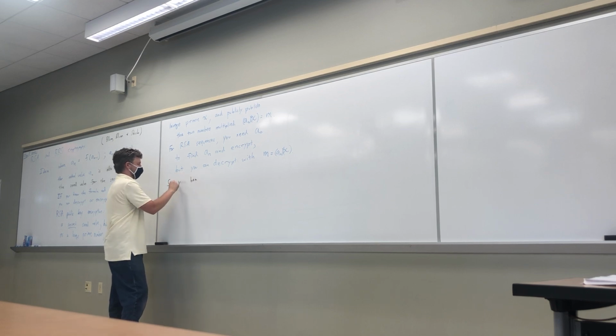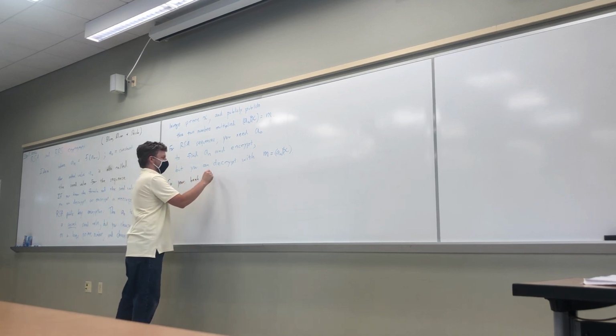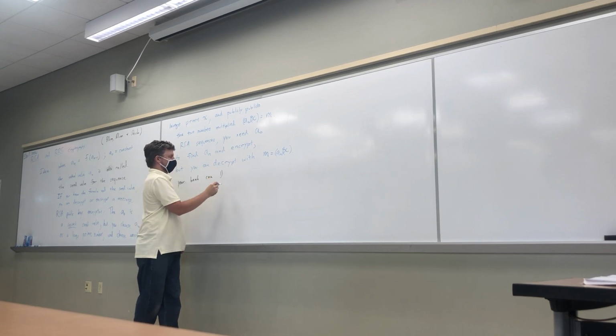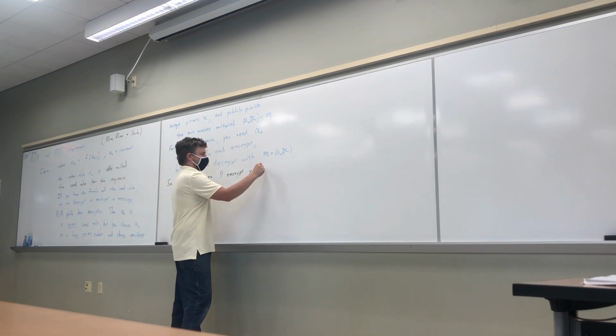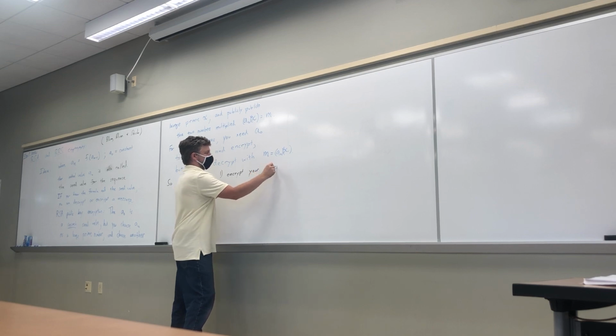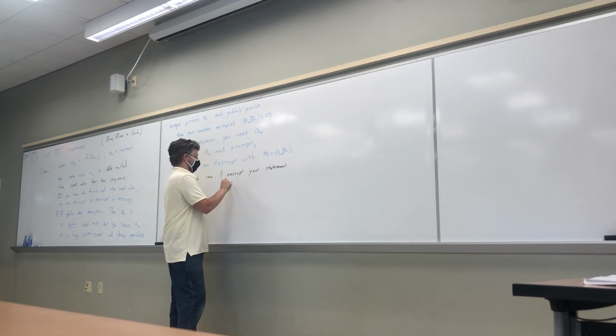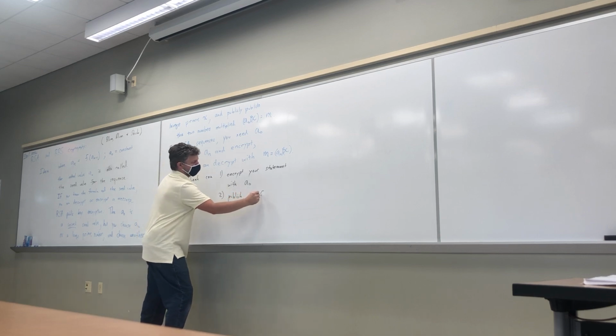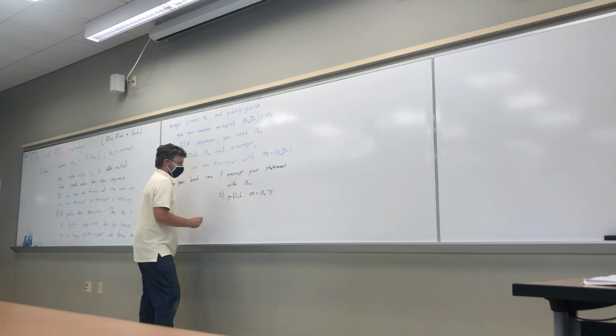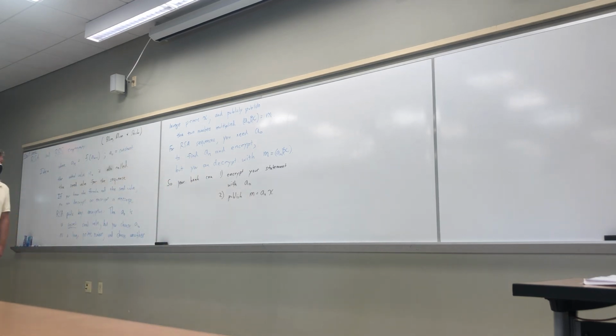Your bank can, number one, encrypt your private info or your statement with A0, and publish M, which is A0 times X. Then you can decrypt your statement. It comes to your phone, and your phone decrypts it for you and tells you how much money you have in the bank.